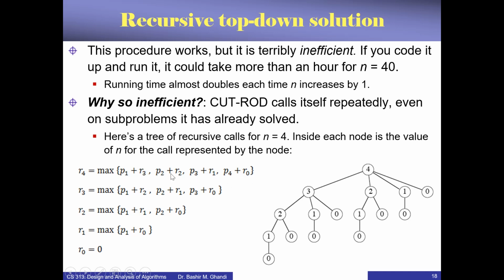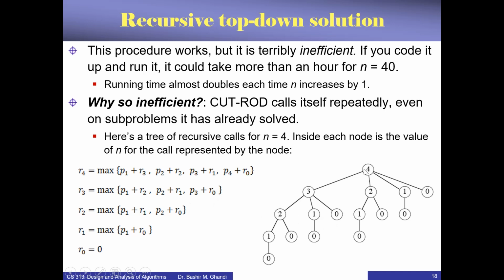So suppose we represent this as a tree. Calling for 4 will involve calling for 3, calling for 2, calling with 1, and calling with 0. Now when you come to compute the call with 3, it involves calling with 2, calling with 1, calling with 0, as you can see here.